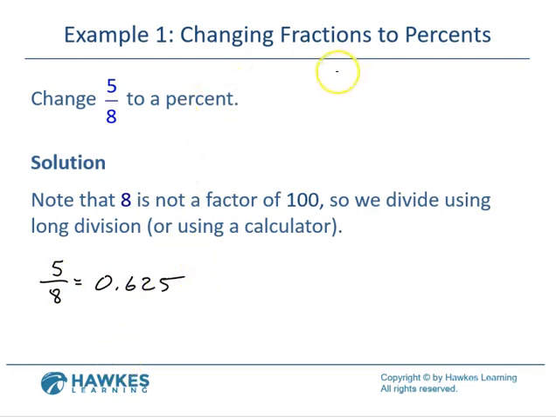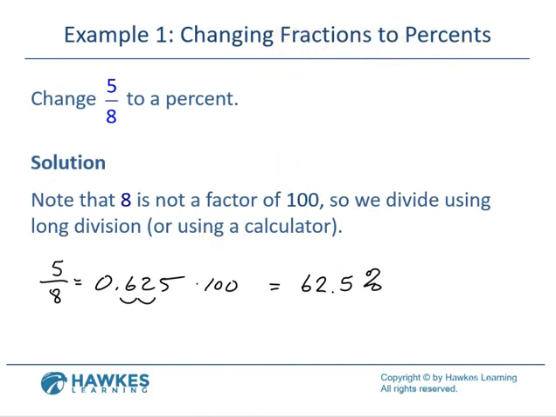Remember, to change to a percent we have to multiply by 100, but that also means just moving that decimal 2 places to the right. 1 and 2, and so this gives me 62.5%. Okay, so now we have gone from changing a fraction to a percent.